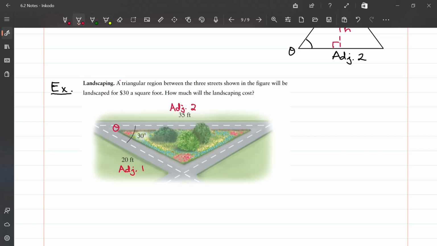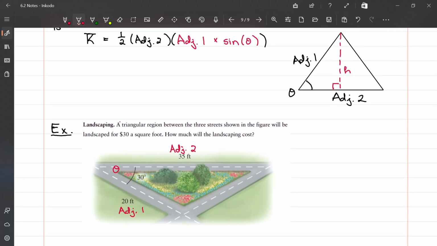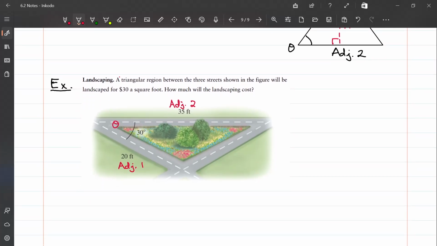So, if we apply our formula exactly as it appears up above, just giving ourselves some space below, we have 1/2 times the base, which is adj2, or in other words, 35 feet, times adj1, which is going to be 20, times sine of the given angle, which was 30 degrees. And we can simply feed this into a calculator and get 175 square feet.